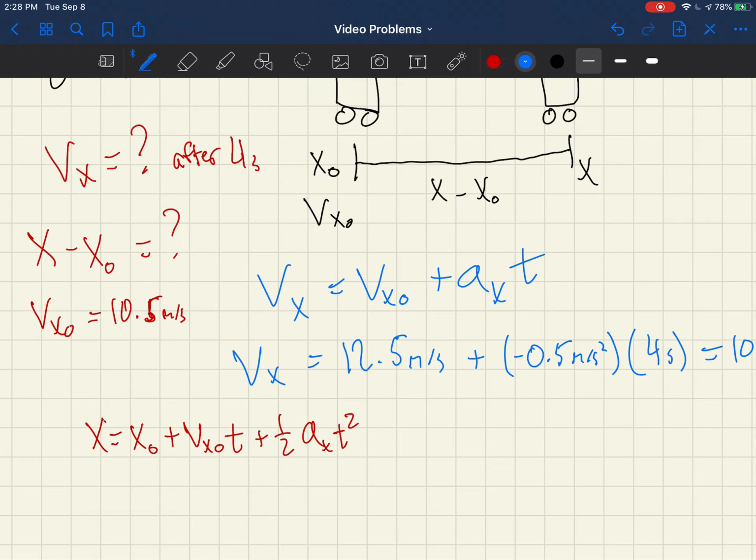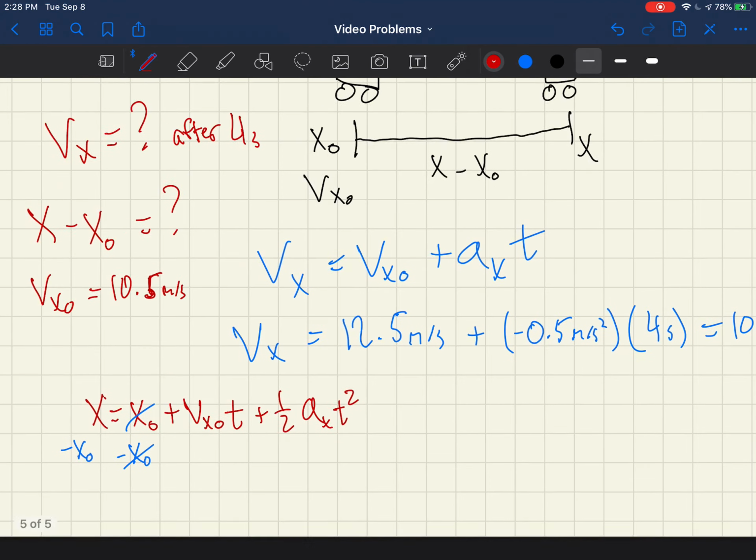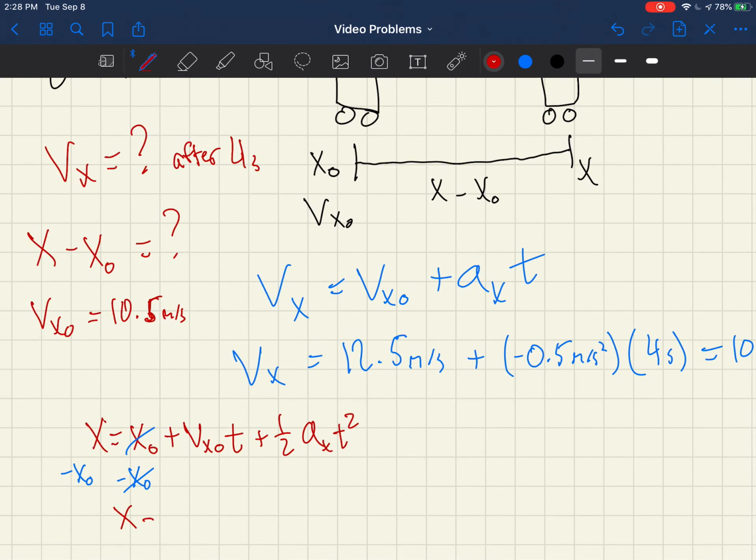So I'm just going to subtract the x naught from both sides so that those reduce out, and I'm left with x minus x naught, which is ultimately what we're looking for, is equal to Vx naught times t plus 1/2 axt squared.